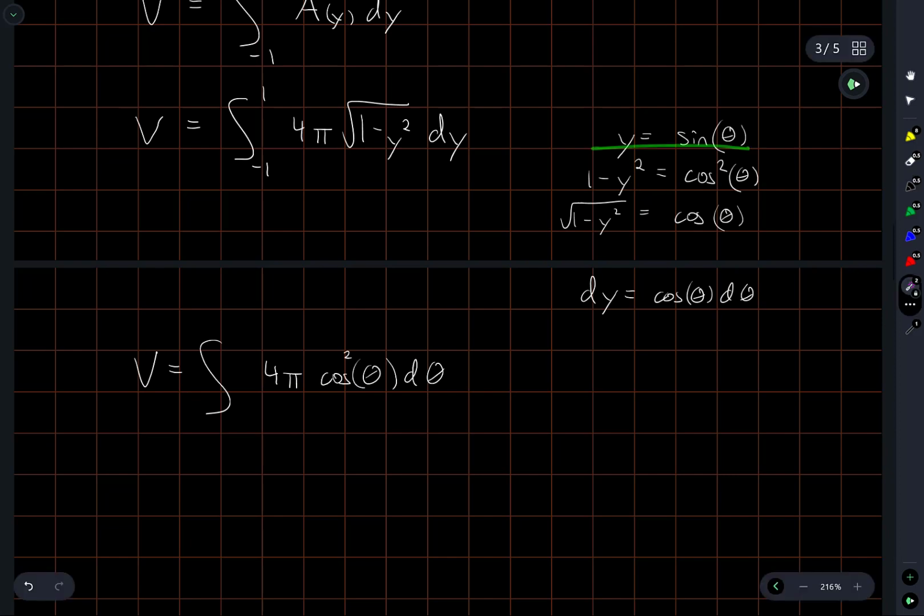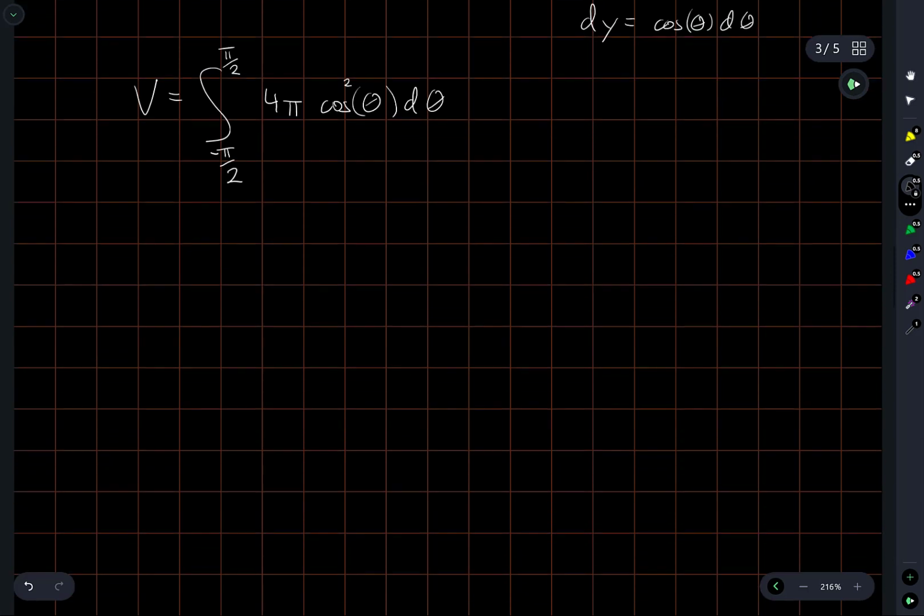So if I make this substitution, the integrand along with the differential turns into this. What are my bounds of integration going to be? Well, I want y to start at -1 and end at 1. So that's going to be negative pi over 2 to pi over 2, right?